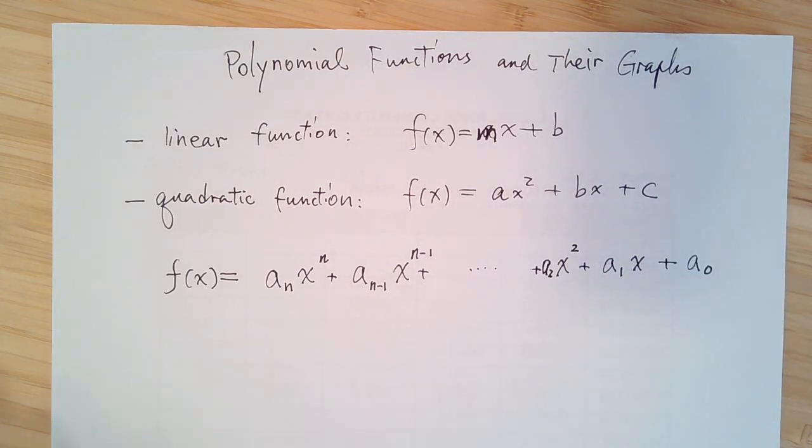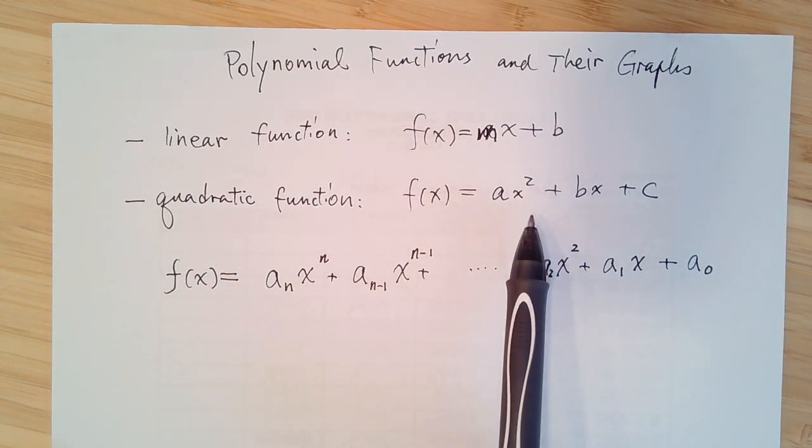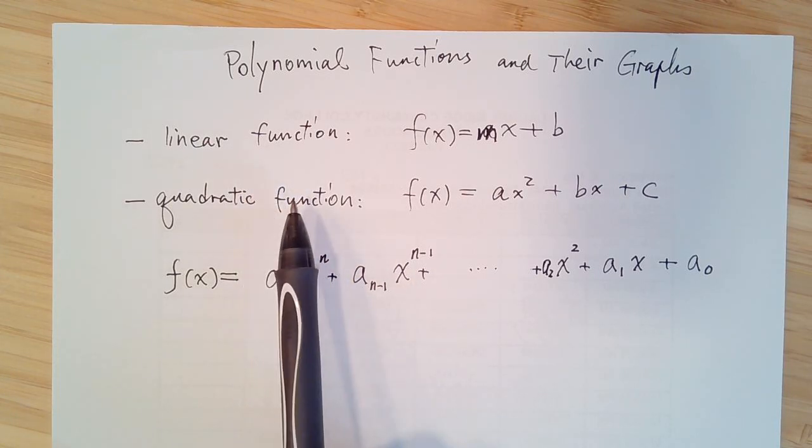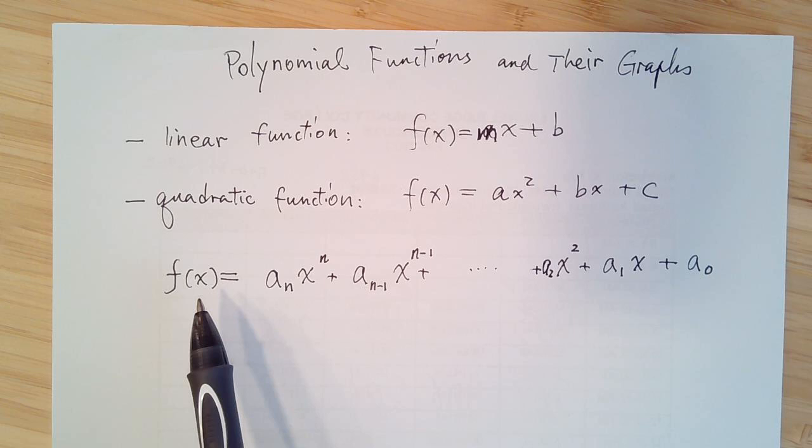So we write things like this. This is a polynomial function. So instead of linear, quadratic, we go higher. Linear and quadratic functions are two simplest examples of polynomial functions. They are also polynomial functions.